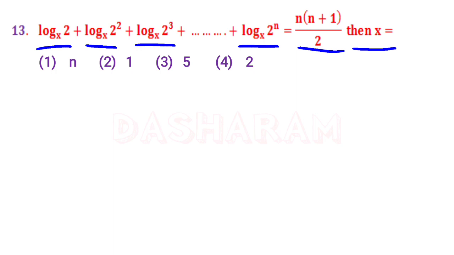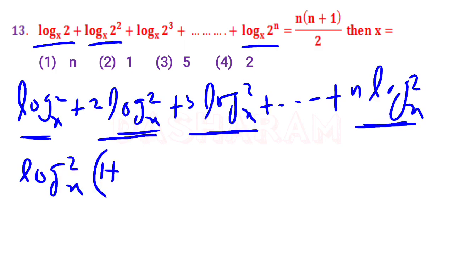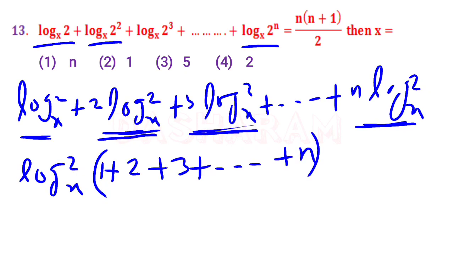From all these terms, what is common? Yes, log 2 base x is common. So if you take log 2 base x from all the terms, then log 2 base x bracket of 1 plus, here the second term will become 2, the third term will become 3, plus dash, plus the last term n. We know very well this is the sum of the first n natural numbers in the progression.